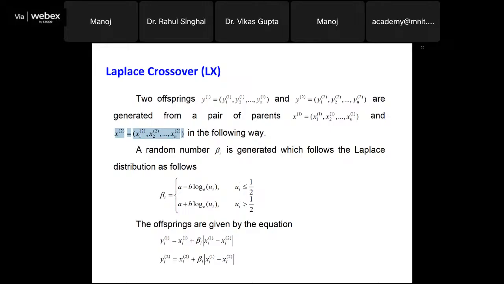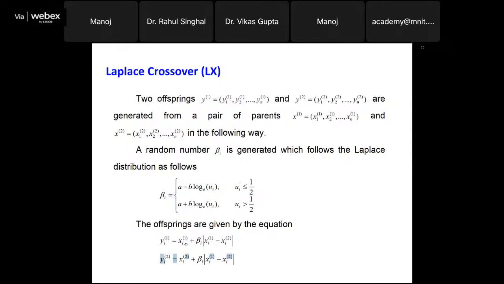You just take the first parent and a number beta, which follows the Laplace distribution, and multiply it by the extent by which these two solutions are far away for each component. So for the ith component, you add to the first parent's ith component beta times its distance between the two parents. Similarly, the second parent plus beta times the distance between the two parents.